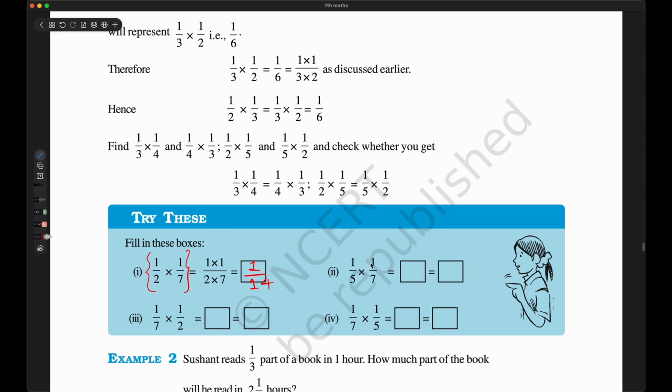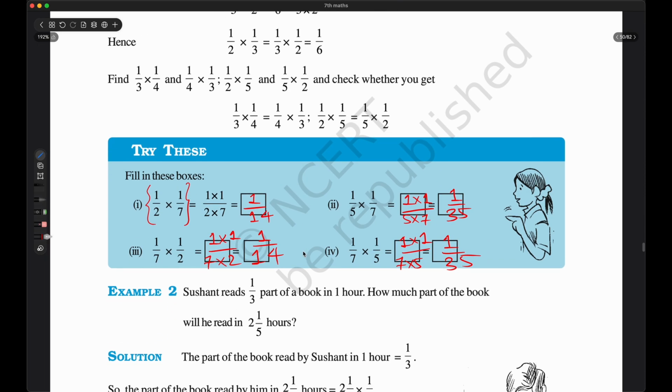Then 1 by 5 into 1 by 7: product of numerators 1 into 1, product of denominators 5 into 7, that is equal to 1 divided by 35.